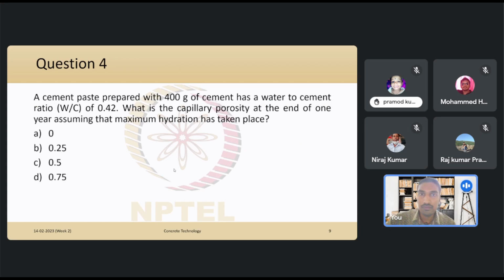Okay, so question 4. A cement paste prepared with 400 grams of cement has a water to cement ratio of 0.42. What is the capillary porosity at the end of 1 year, assuming that maximum hydration has taken place? The options are 0, 0.25, 0.5, and 0.75.